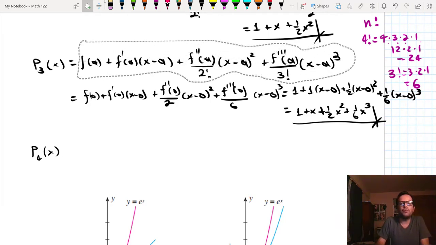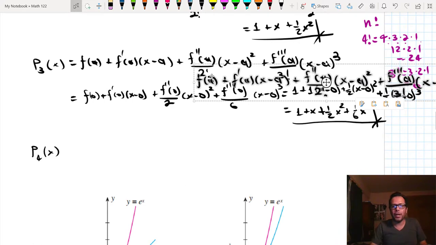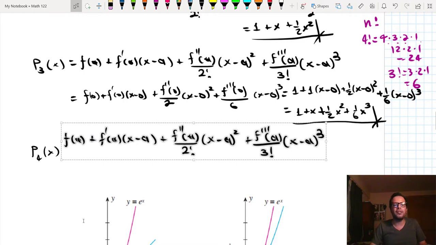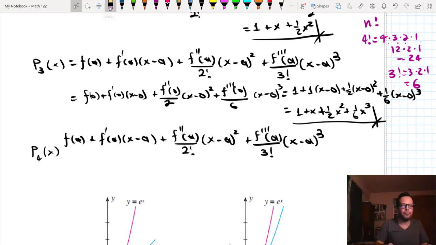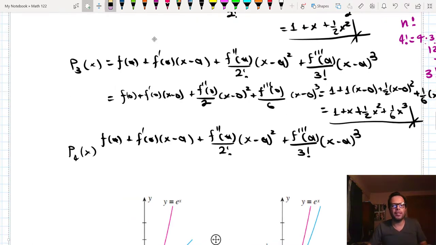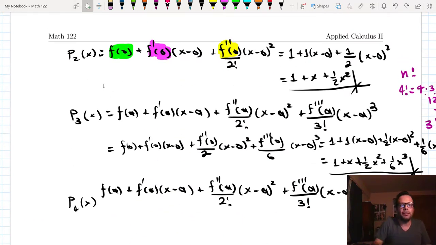It is easy for you to write it with a pencil on paper. It is harder for me to write here in this tablet. So in this case, we're going to have this approximation. This will be P4.